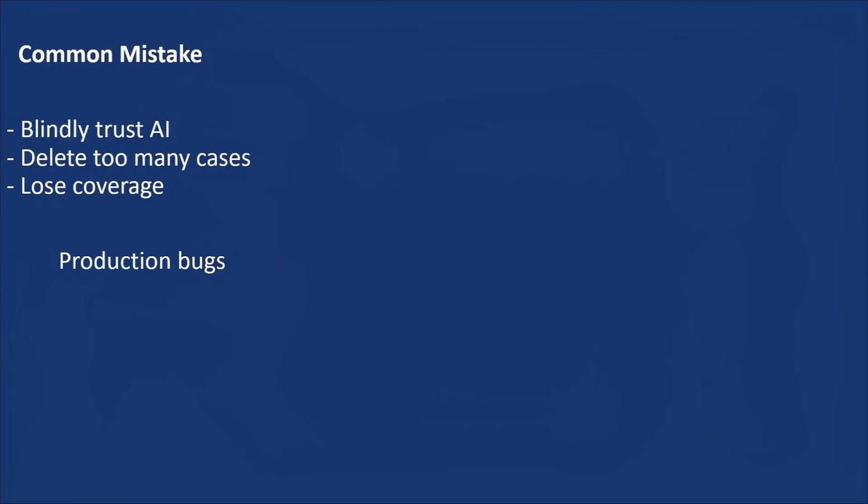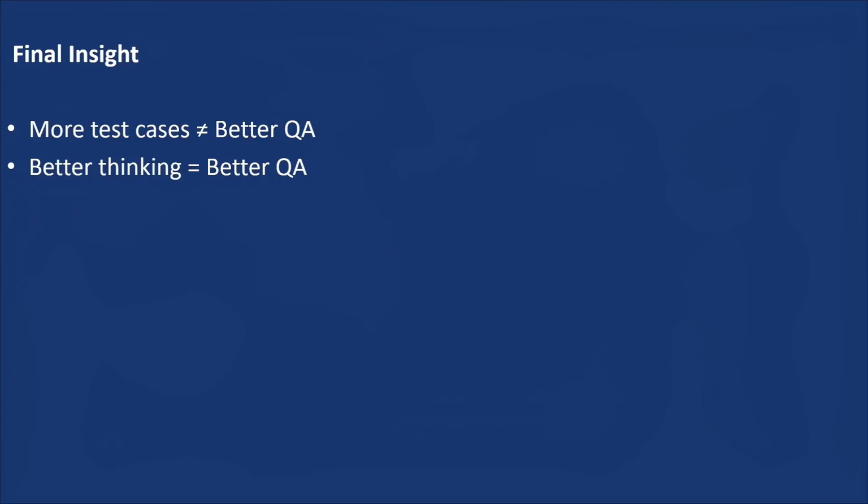That will be the gold one, and it will help you avoid big mistakes, like deleting too many test cases, blindly trusting AI, and losing important coverage, which will actually result in production bugs.